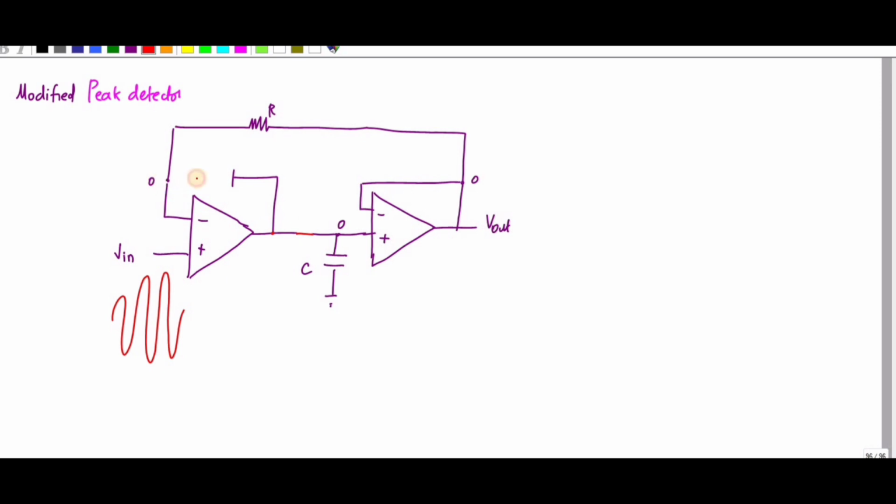So it will store whatever peak value it reaches. And if I want, I can connect a switch in order to reset this capacitor value back to 0. So this is a MOSFET switch. I can use a MOSFET switch to reset this value.